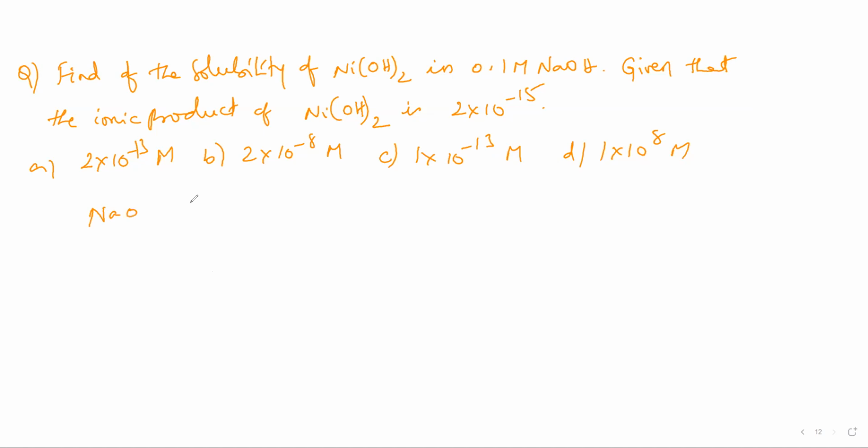NaOH, how does it dissociate, sir? Na plus and OH minus. What is the concentration of NaOH given? 0.1 molar. That means 1 molar of NaOH produces 1 molar of Na plus and 1 molar of OH minus. So they also have the same concentration, 0.1 molar.